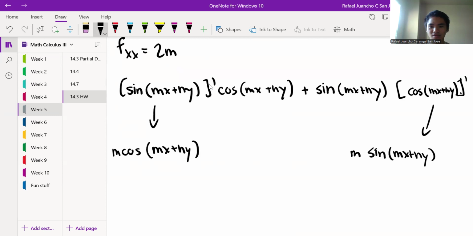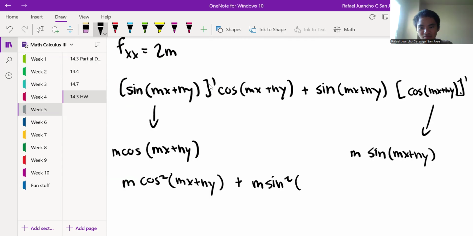So I get m squared, or not yet. I get m cosine squared of that thing plus m sine squared of that thing. Don't tell me I just get an m. That's too funny.